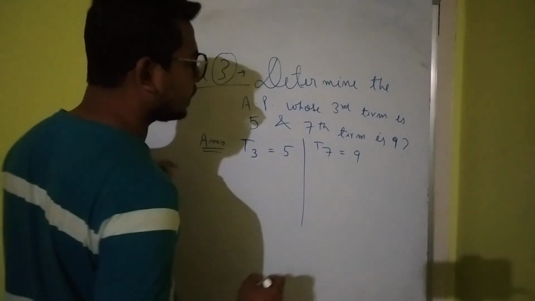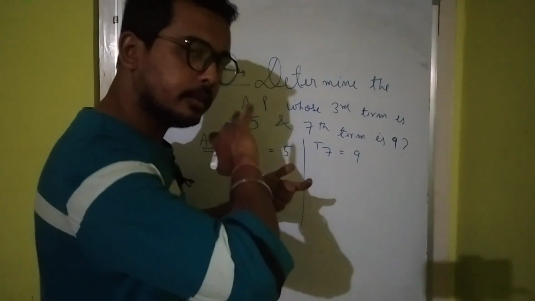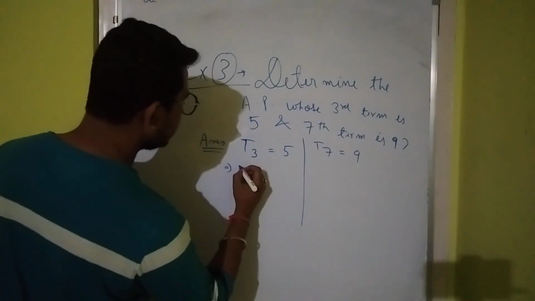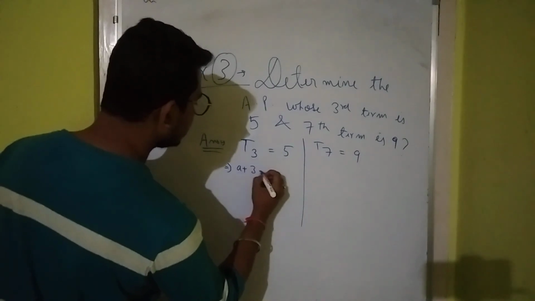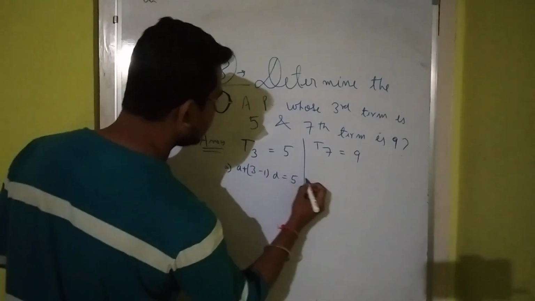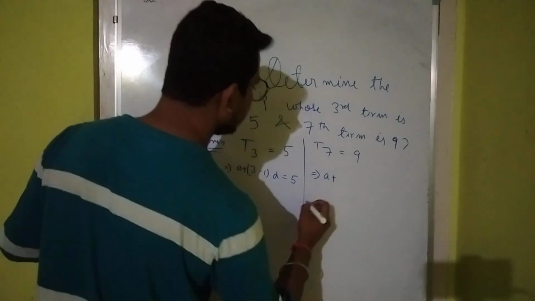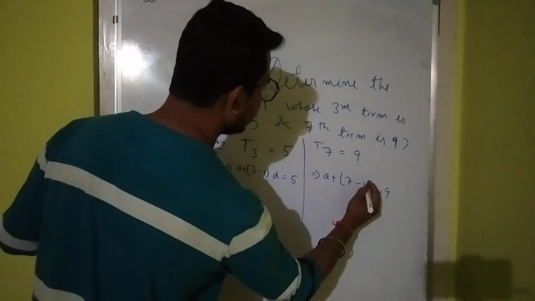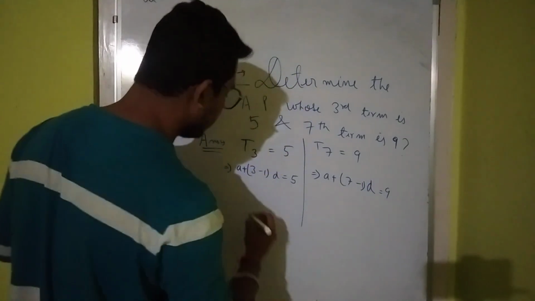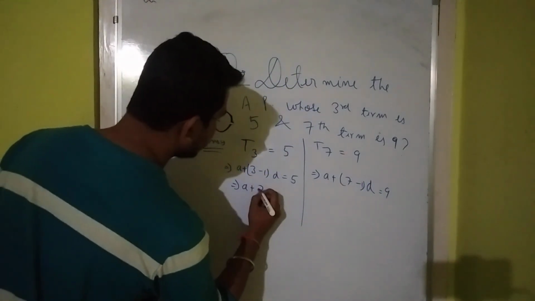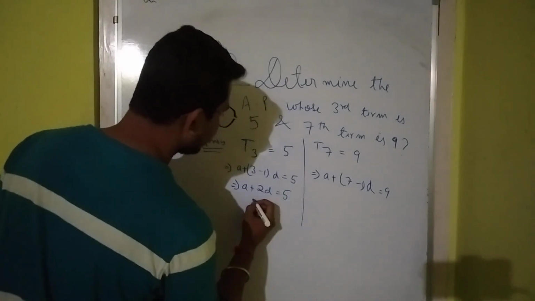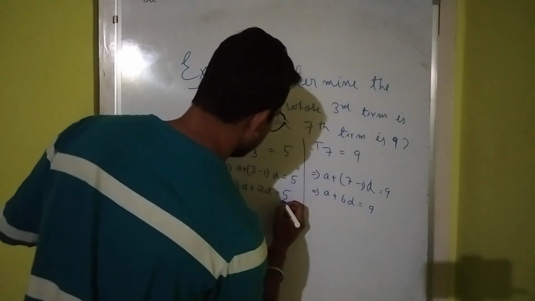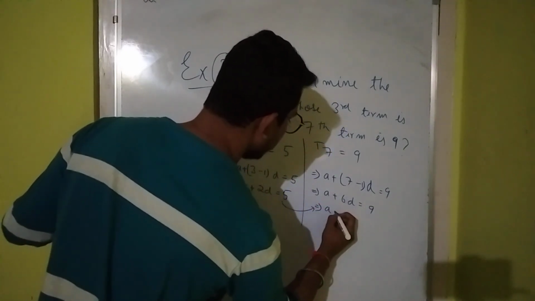अब मुझे AP निकालना है, मतलब स्टार्टिंग से सीक्वेंस को बनाना है मुझे। सो T3 मीन्स a plus 3 minus 1 into d, which is 5. Next, a plus 7 minus 1 into d, which is 9, right? तो ये बन गया a plus 2d is 5 और यहाँ से आएगा a plus 6d is 9.